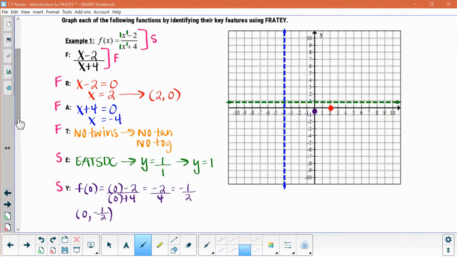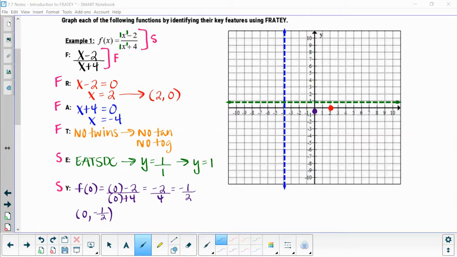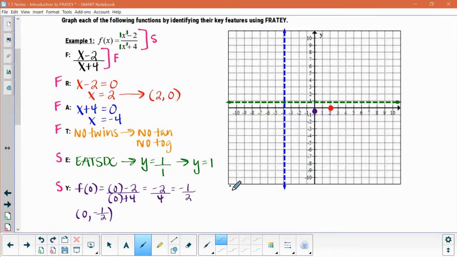Now, as I look to start graphing my curves, you have to think of your graph as vertical chunks. So I have one vertical chunk here, split by my vertical asymptote, and another vertical chunk here.